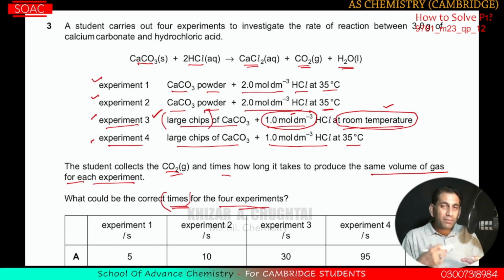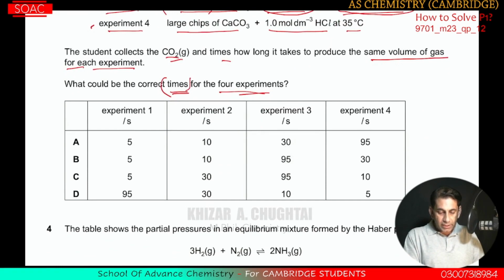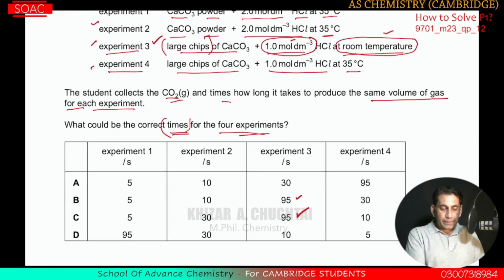I mean, the time taken will be higher. So I'm choosing the highest time in this column for experiment 3. Now come to experiment 4. In this case, again, the same calcium carbonate large lumps and the same concentration of HCl, but this time the temperature is higher than room temperature.